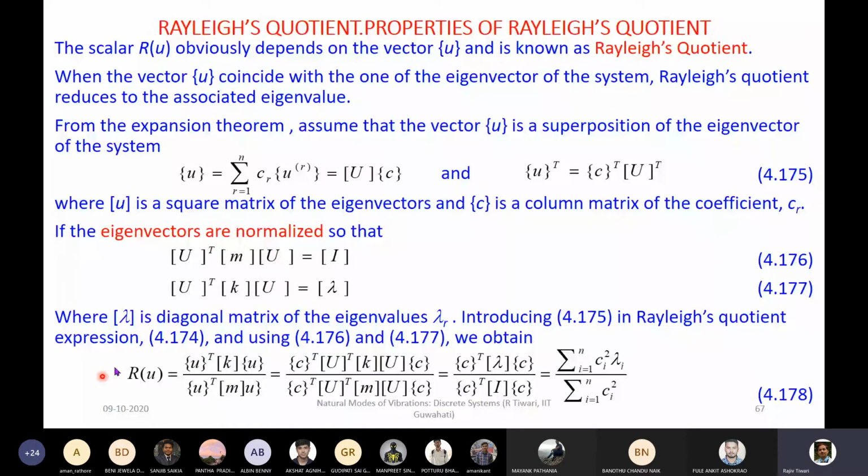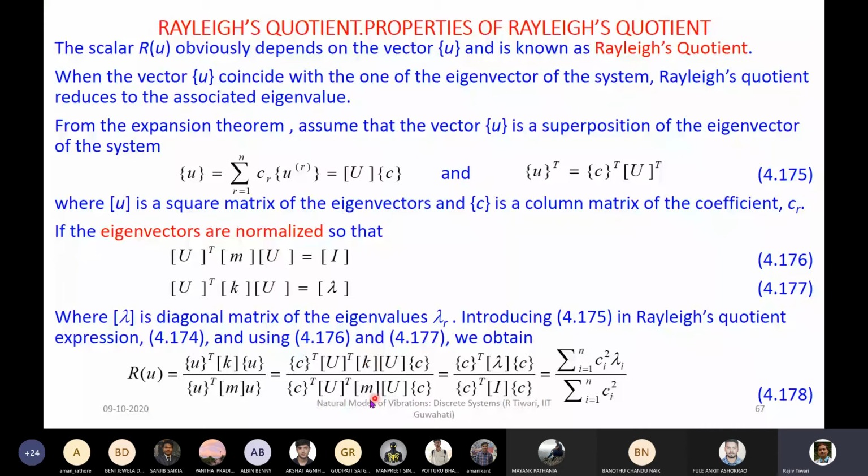Now we want to substitute u with this expansion theorem, capital U C, because here we have the transpose of that, so we'll use this. When we put in capital U C, before that we have C transpose U transpose K. Similarly at the bottom we have substituted for u.